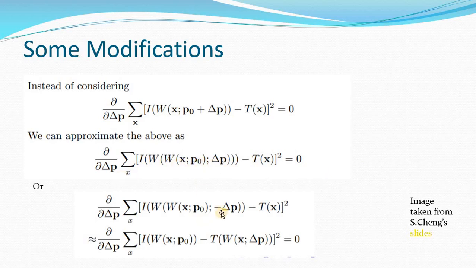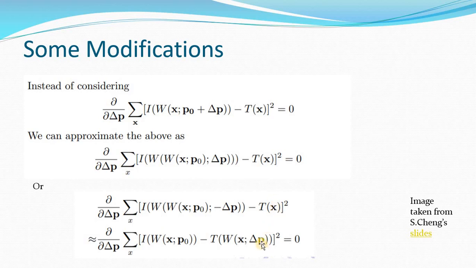Or instead of doing this, I can put a minus del p over here, because del p is a very small quantity. It does not matter plus del p or minus del p. Now what benefit does this give? Instead of warping I, I can warp T like this. Initially I was warping I twice. Now this thing is as it is over here, and this minus del p, I'm taking it to this side.